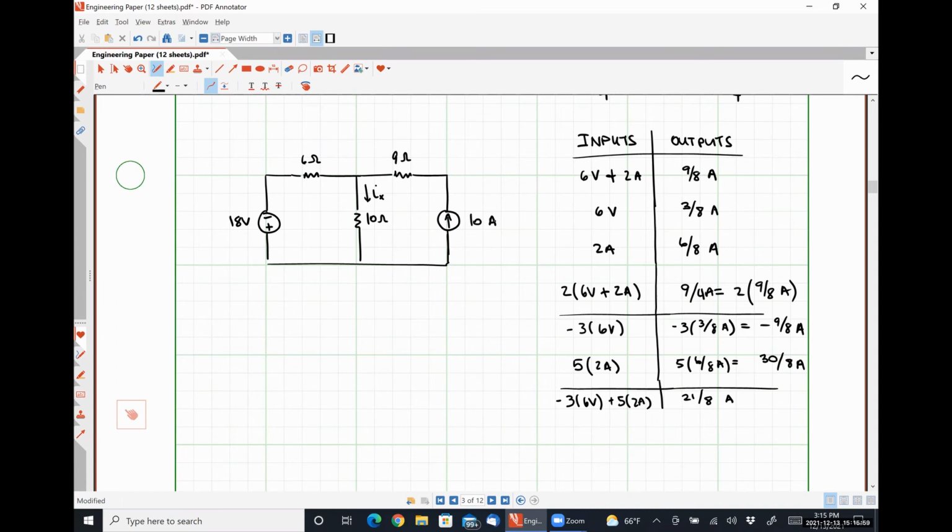If I analyze this circuit, I should expect to see that my value for IX is 21 over 8.